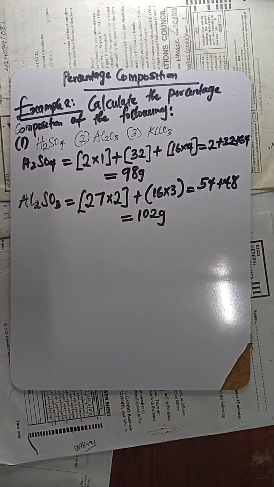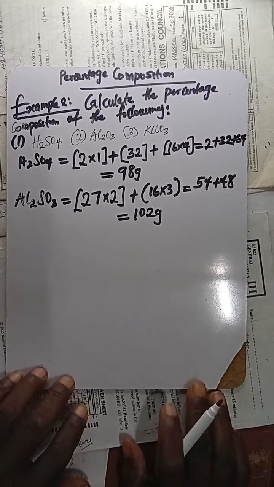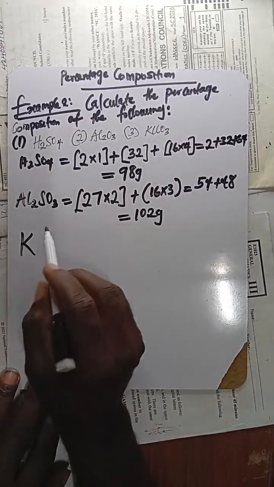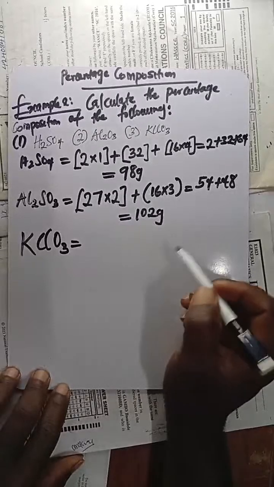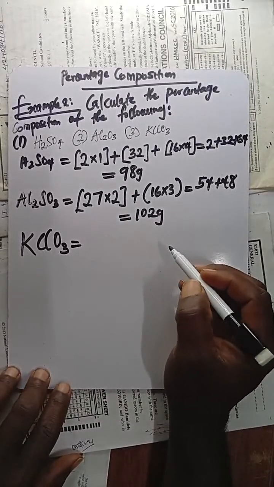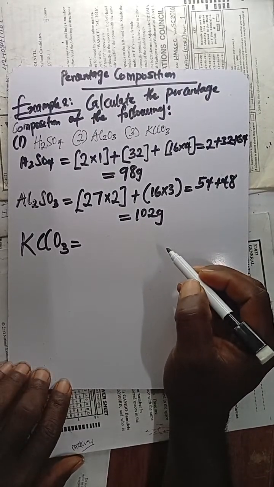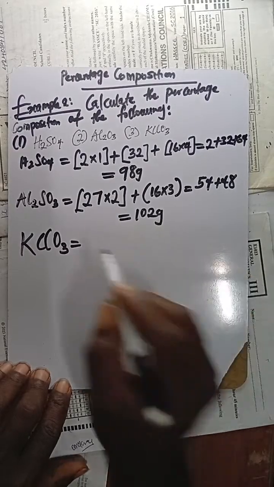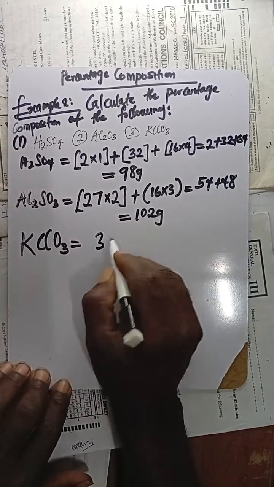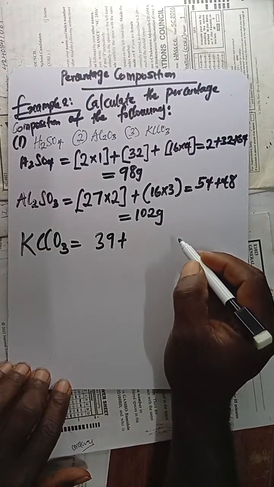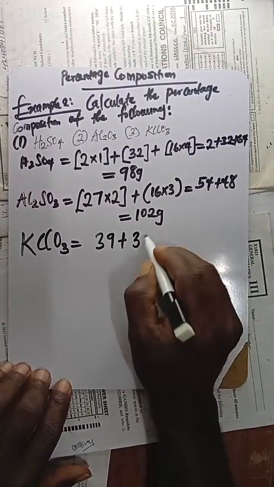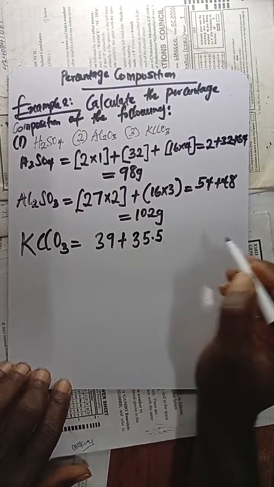So, for another one, for the KClO3 to give you the KCl, the potassium is 39 plus chlorine, that's 1 molecule of chlorine, 35.5.